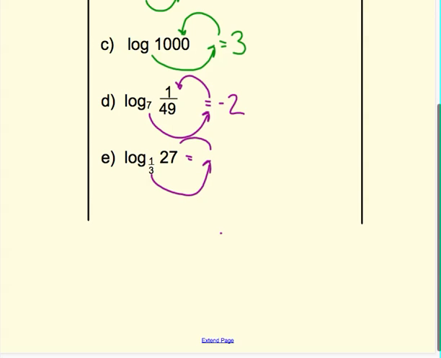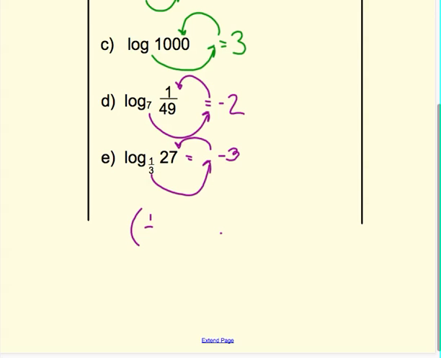This one looks a little tricky as well. But think about D and E being very similar. On D, we were taking the log of a fraction. On E, we've got the base as a fraction, but it's the same principle. We need that fraction to flip. So our answer is negative, and 3 cubed is 27.